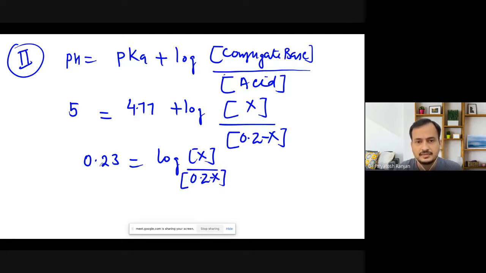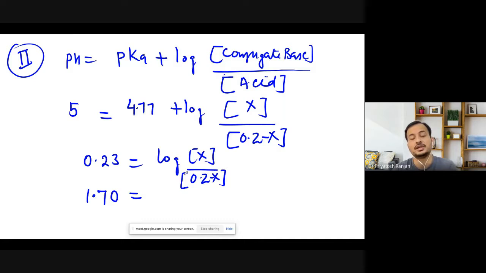I can take the antilog of 0.23, and we'll get the value as, I'm trying to calculate the value, 1.698, where we can round off those values and consider 1.70. So this value is the antilog of 0.23.